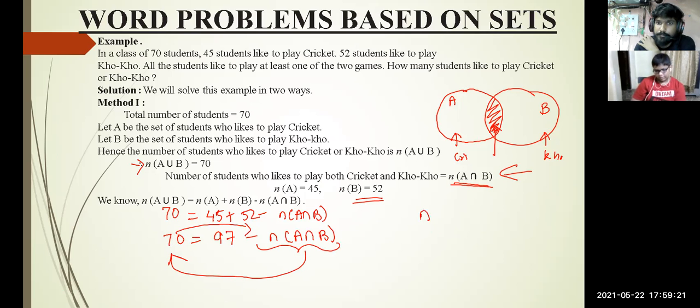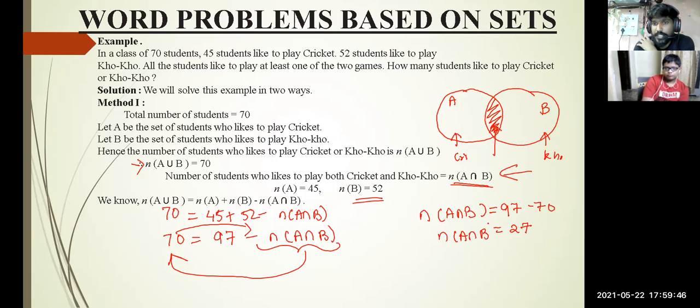So N of A intersection B is equal to 97 minus 70. And how much is 97 minus 70? 27. So N of A intersection B is equal to 27.